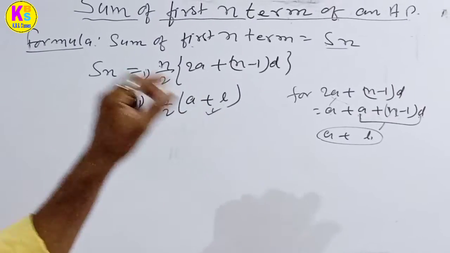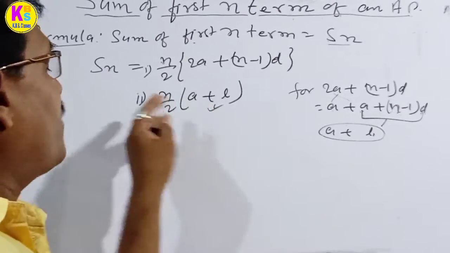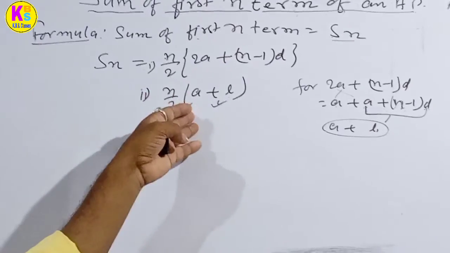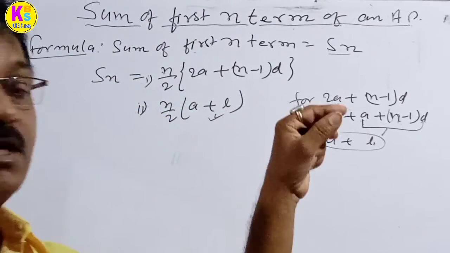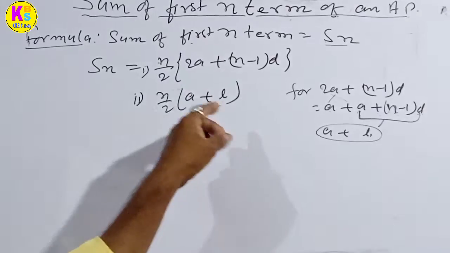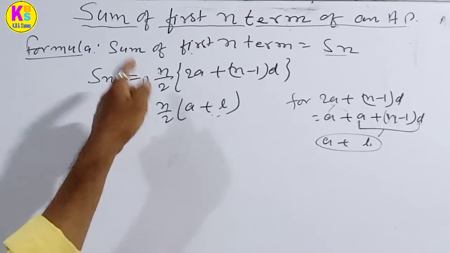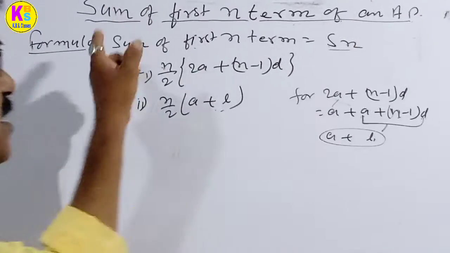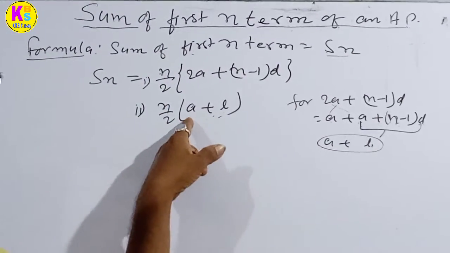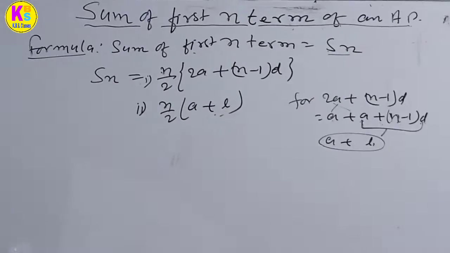So if in an AP you have to find the number of terms, or the first term or the last term, but you don't know the common difference and the whole AP is not given, then you can use this formula. Or if you know the last term and the first term, then this formula can be used. We are taking an example.